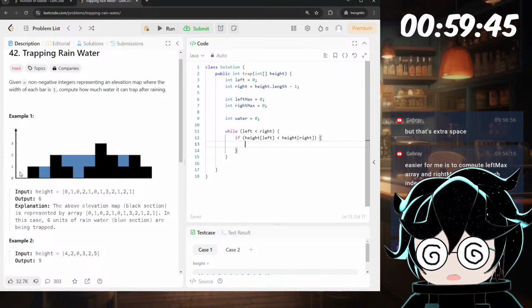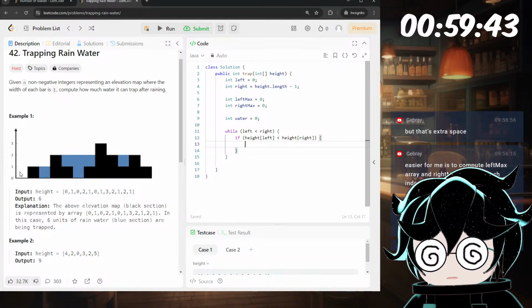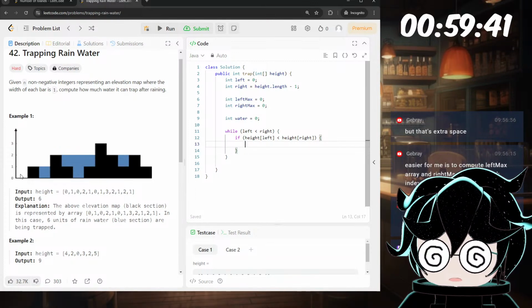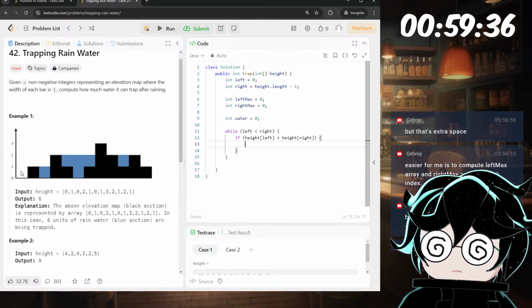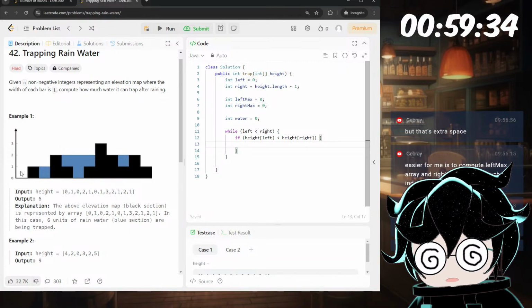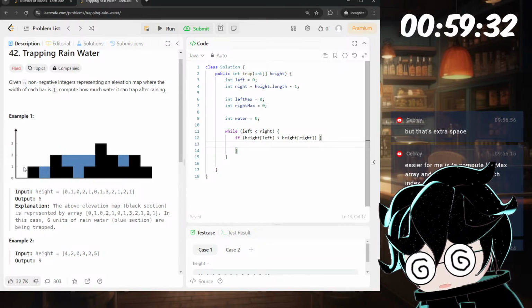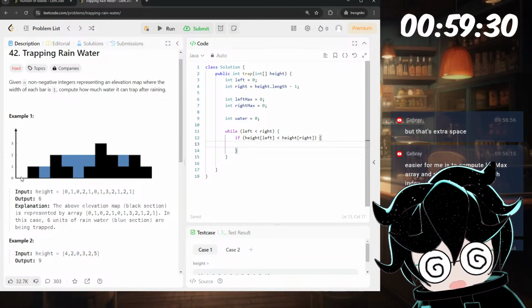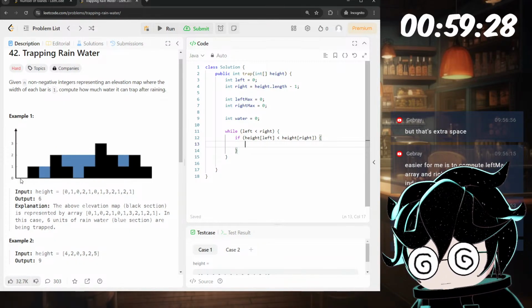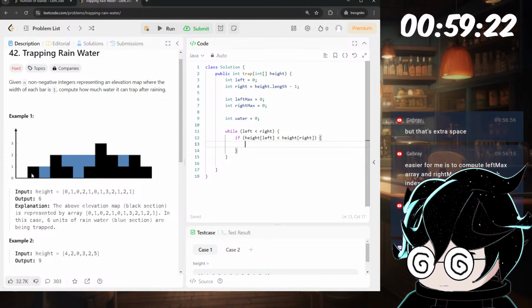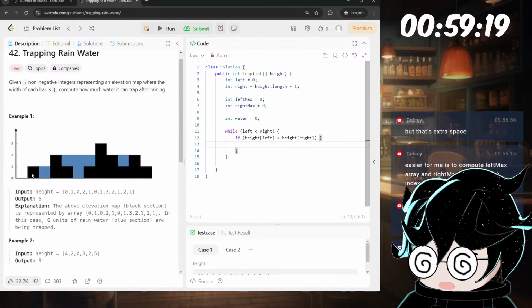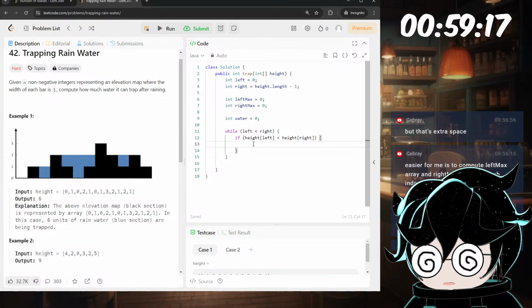If the height on the left is less than the height on the right, like what if we're here? I'm trying to think about how the algorithm will work in this spot. Or is that not a good place to think about? What about if we're here? Should we update our max height over here?